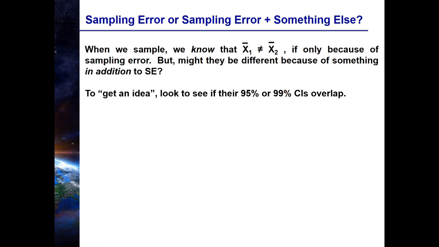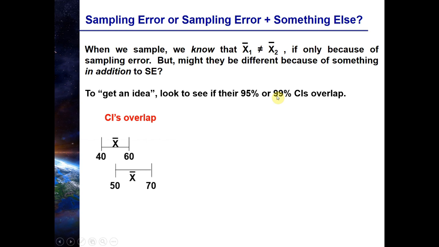The other thing I want you to note here is that we are not going to be able to use the 68% confidence interval to make that, at least tentative, decision of whether the means are different because of sampling error or sampling error plus something else. If we want to use confidence intervals to answer that question, it has to be the 95 or the 99% confidence interval.